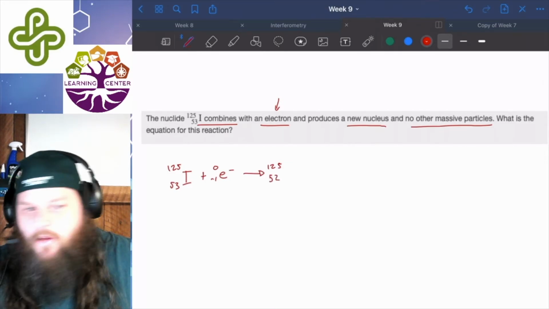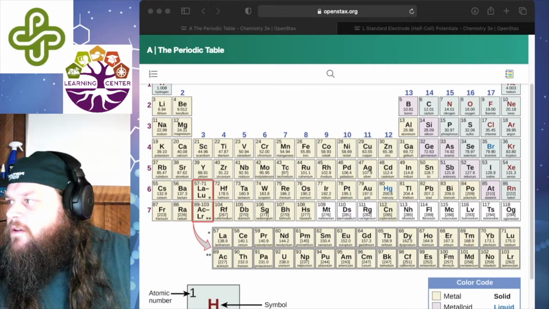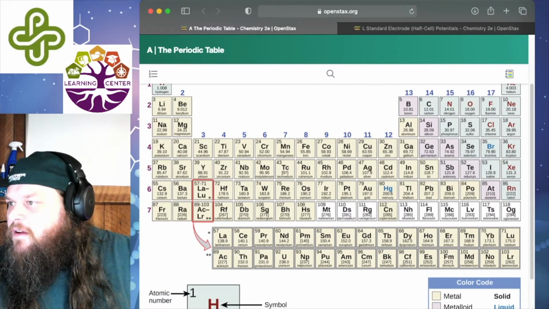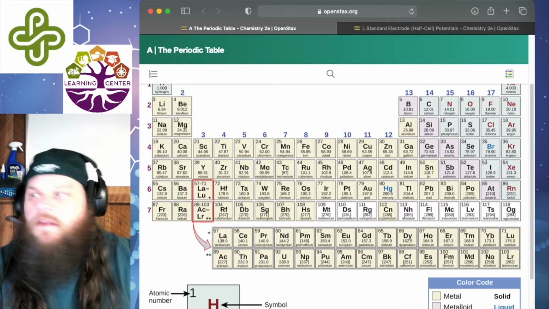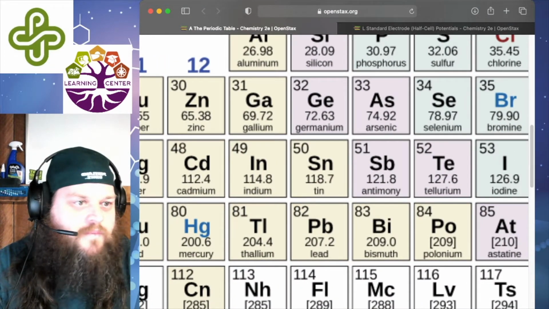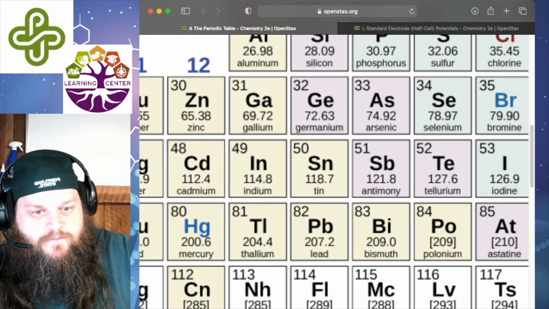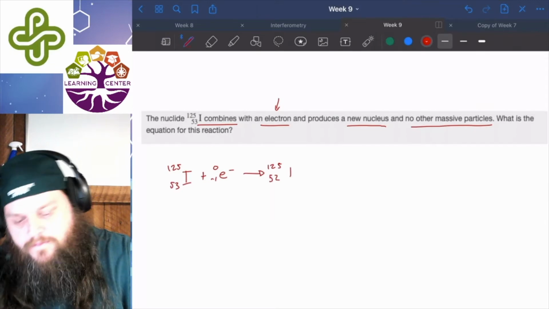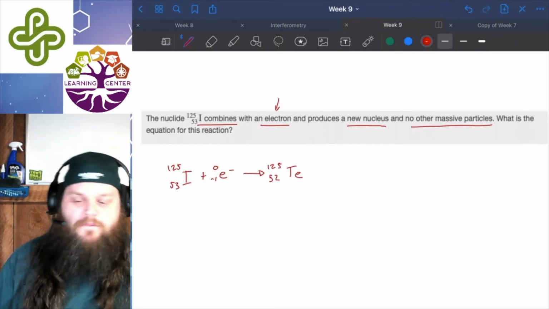And looking at our periodic table, we can look for 52. I see it there, tellurium, Te. So right here in group 16, number 52 is Te. And there we go.